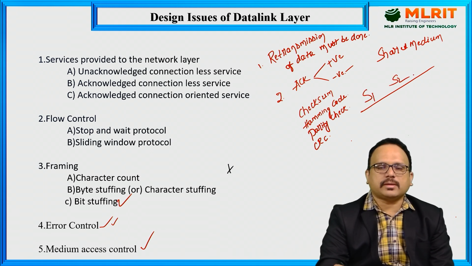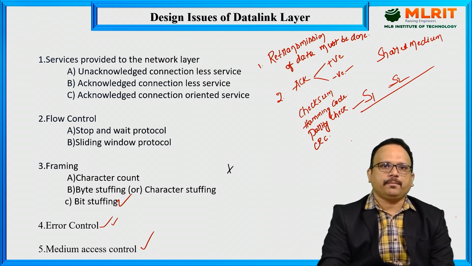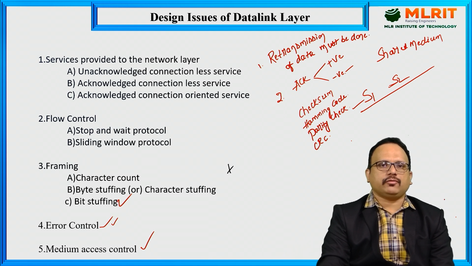Based on some parameters, the data link layer will decide whether to give priority to station 1 or station 2. So these are the services offered by the data link layer to the network layer. So this is about the design issues of the data link layer. Thank you very much.